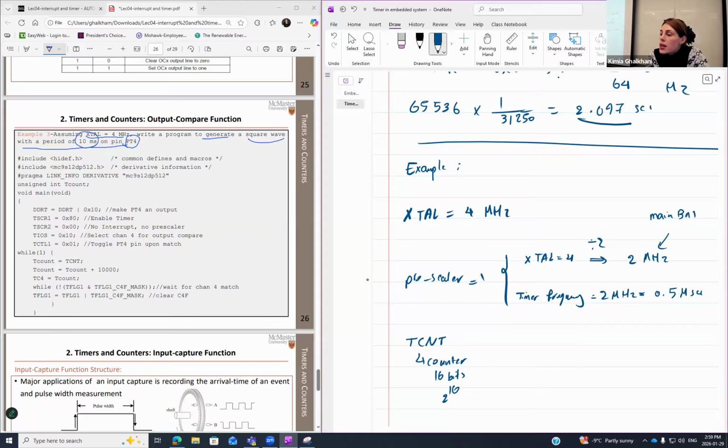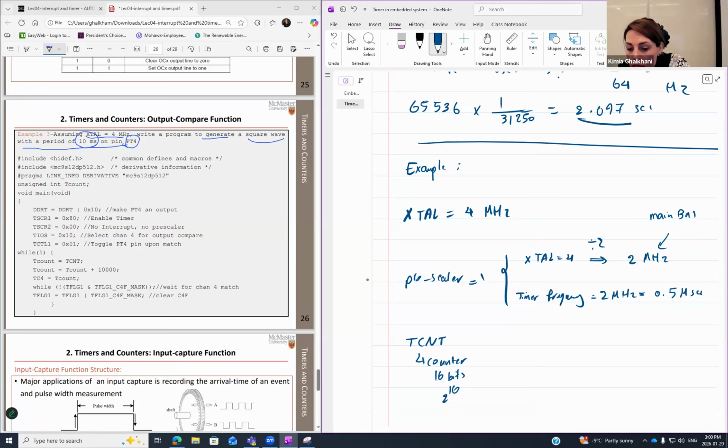If you have 16 bits, we represent it with 2 to the power of 16. If you have 8 bits, we represent it with 2 to the power of 8. It shows how many addresses this microcontroller can hold, how much memory. All of this is a factor of this unique number for the microcontroller.